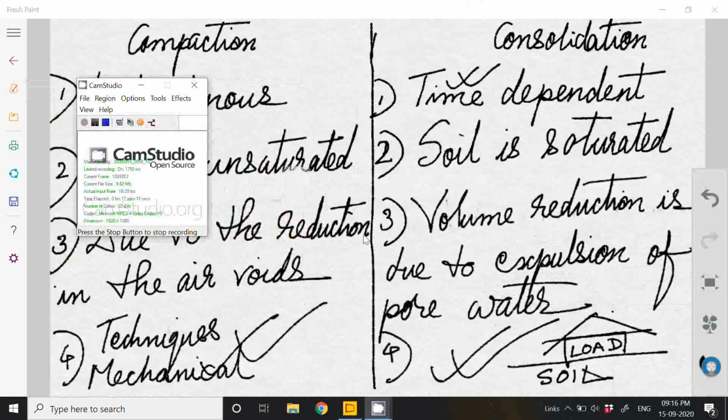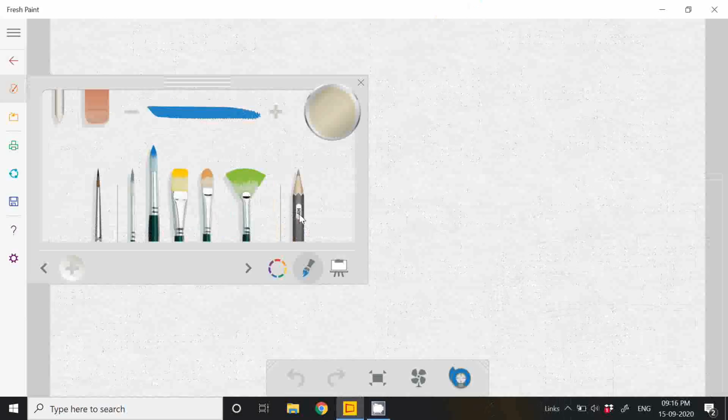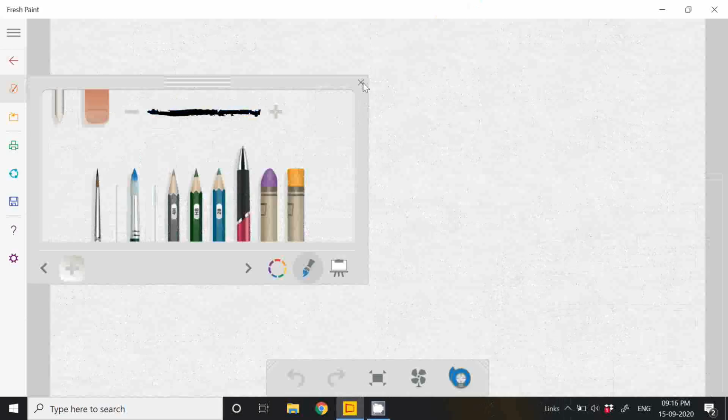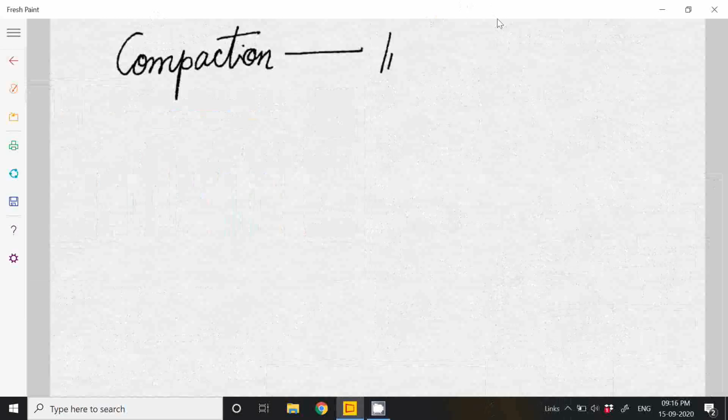Now I have told you that compaction is one way of soil improvement. We cannot wait for consolidation, because consolidation takes years. Compaction is instant. So if we want to improve a soil instantly, we have to do compaction because it gets instant results. So what are the benefits? Number one, it leads to an increase in shear strength.